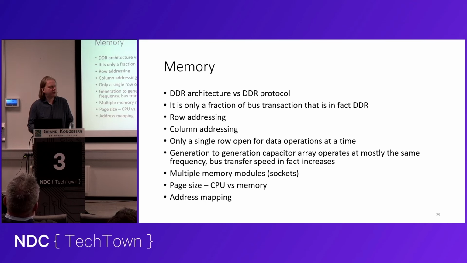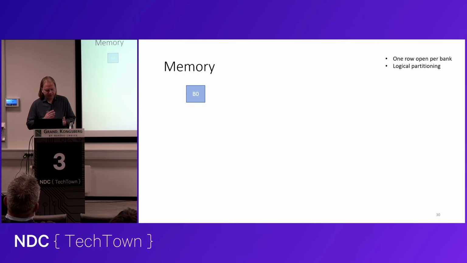You're typically used to 4 or 8 kilobyte pages from a software side. On the hardware side, those numbers look different. It's half a kilobyte, 1 kilobyte, or 2 kilobytes, depending on the implementation details, and we will see some examples of that slightly later. You also need to be aware of the specifics of the platform on which you are working. So the main limitation: at one point in time, within a memory array, you can have one row open.